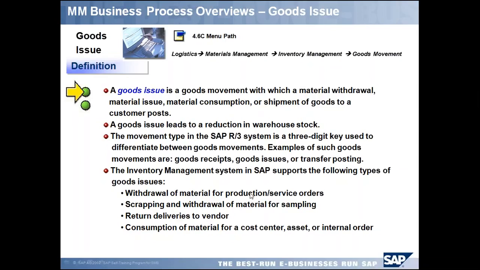Here it is withdrawal of material for production or service orders. Your manufacturing company is manufacturing lathe machines or cars or whatever it is. A machine has come in for service, so we withdraw the material from the warehouse.